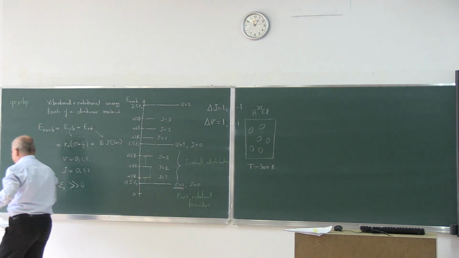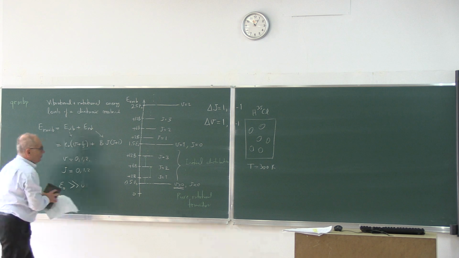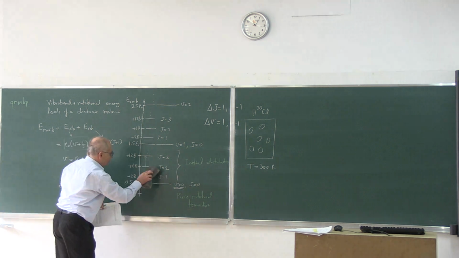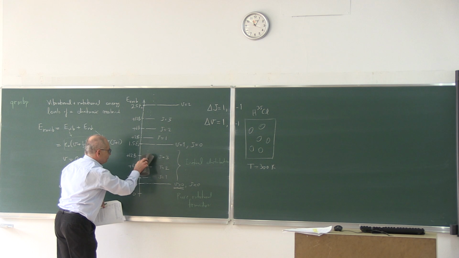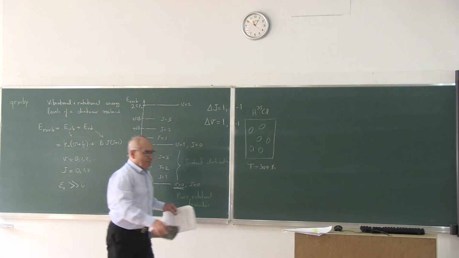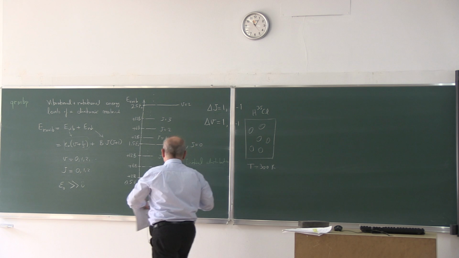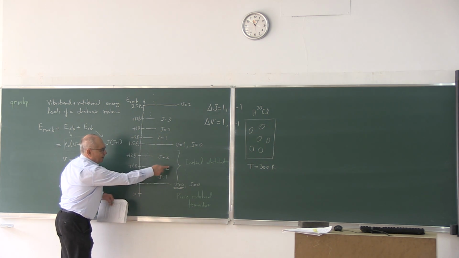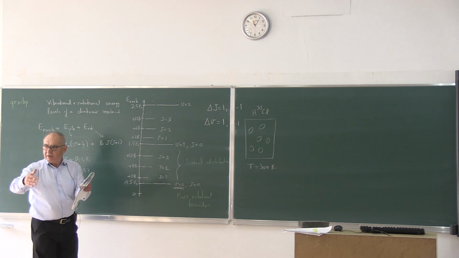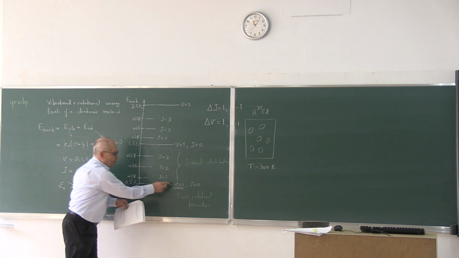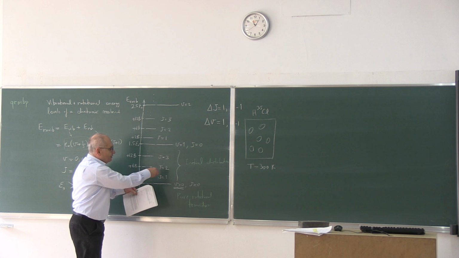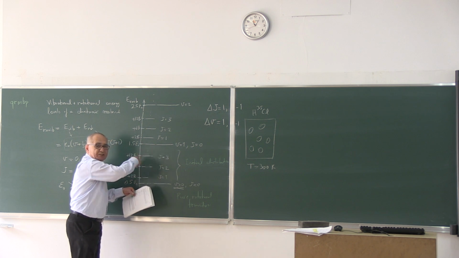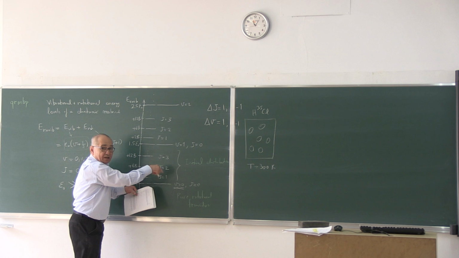Now, graphically, remember, initially all the molecules are in the vibrational ground level. All of them have V equals 0 initially. And there is a distribution over rotation energy levels, which belong to the ground level.